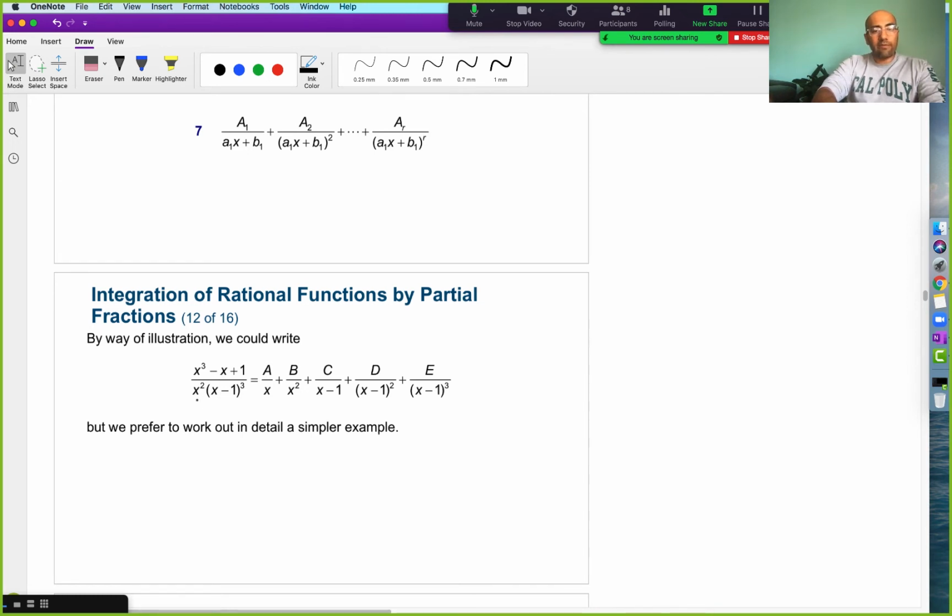Okay, but what we have here is a linear factor of x minus 1, but it's being repeated. It's being raised to the power of 3. And we have a linear factor of x, but it's being repeated. It's being raised to the power of 2.